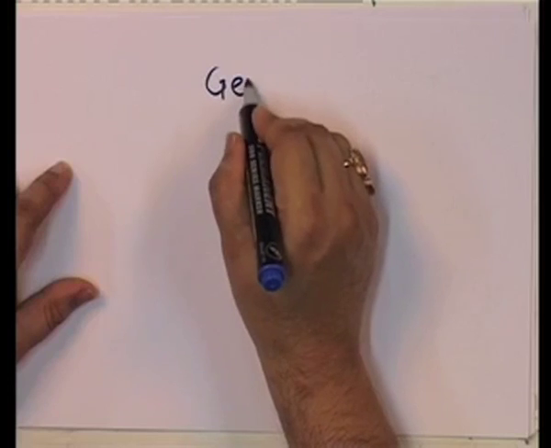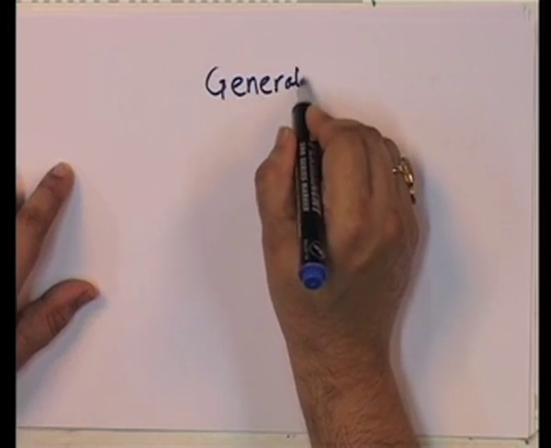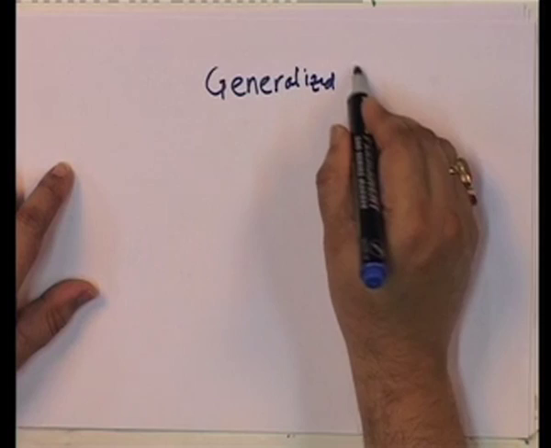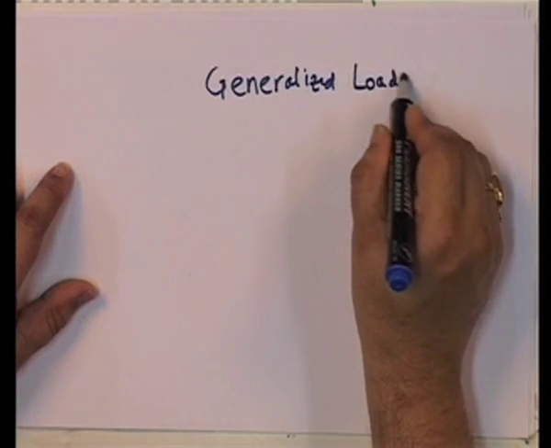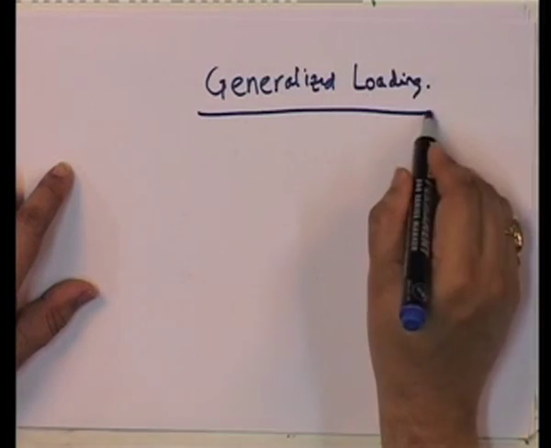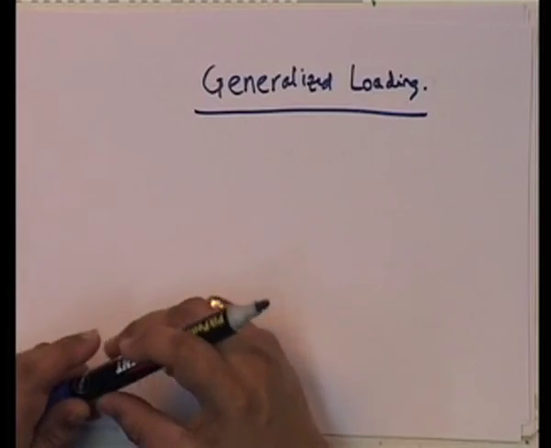Now, for the small time that I have, I am going to introduce you to the basic concept of generalized loading. I shall spend a lot more time on this in the next couple of lectures, but since I have introduced the concept of impulse loading, I will just give an idea of how this procedure is created.